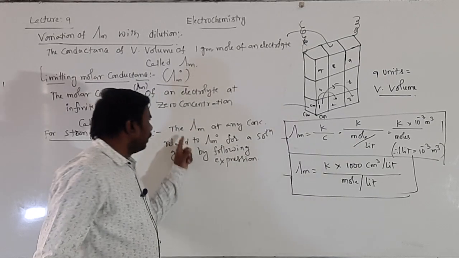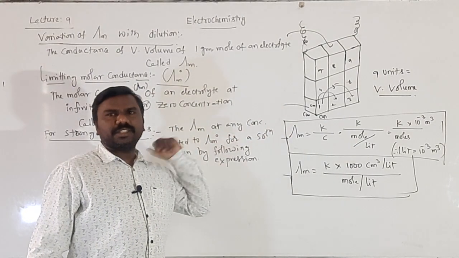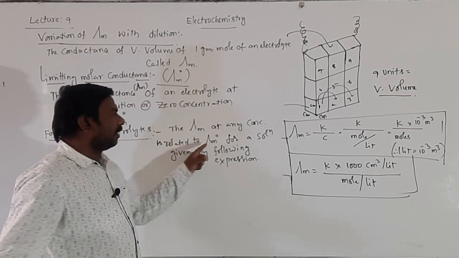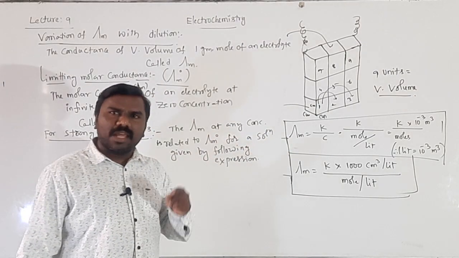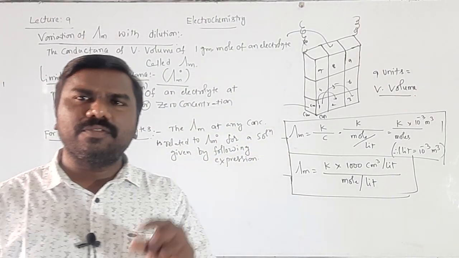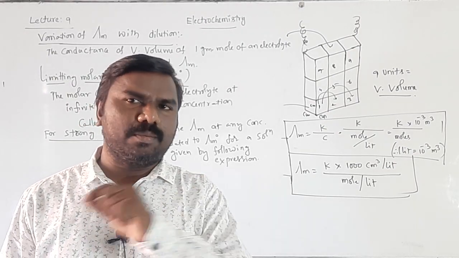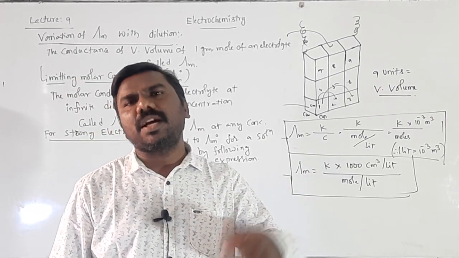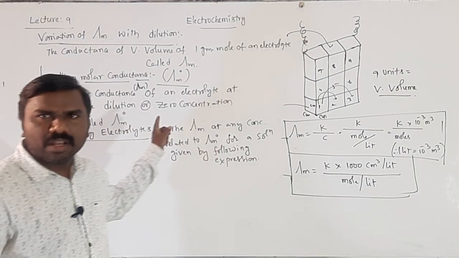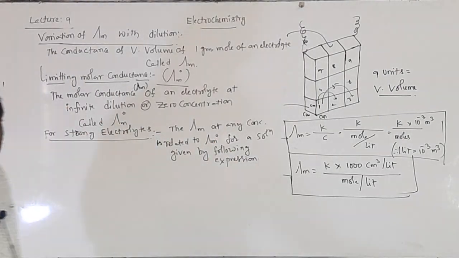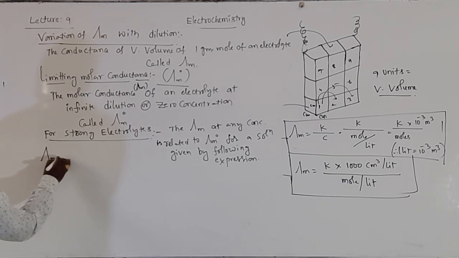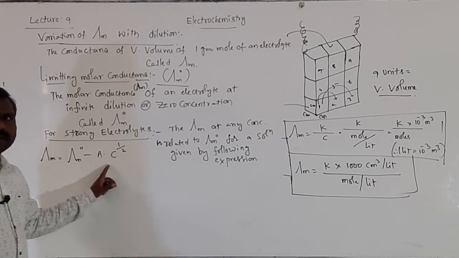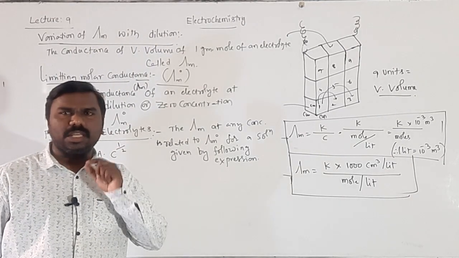The meaning is, the molar conductance at any concentration, lambda m, is related to limiting molar conductance. Molar conductance means at any concentration the conductance of V volume of an electrolyte of 1 gram mole. Limiting molar conductance means nothing but the molar conductance at 0 concentration. Both will be related for a strong electrolyte by an equation: lambda m is equal to lambda m naught minus a into c power half. C power half is also taken as root c, you know already.